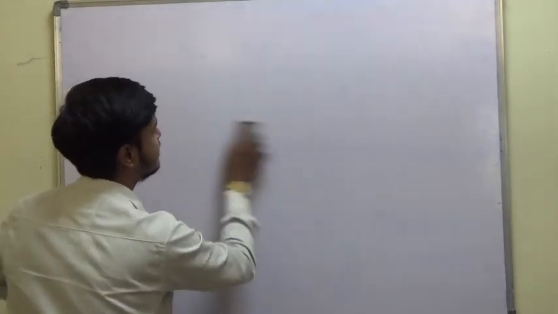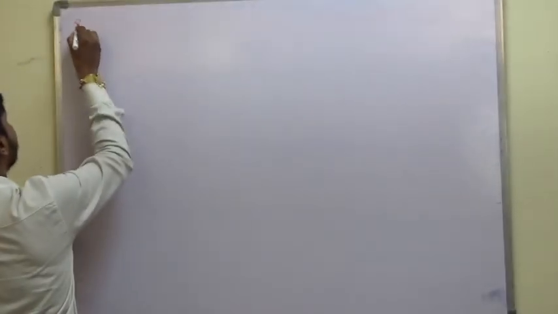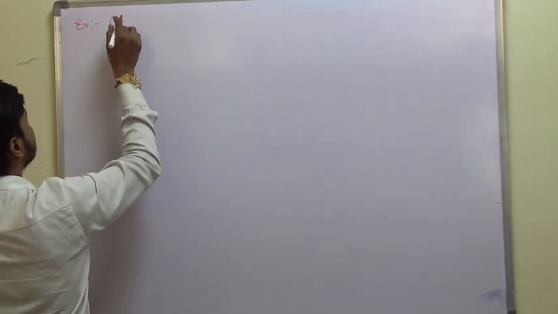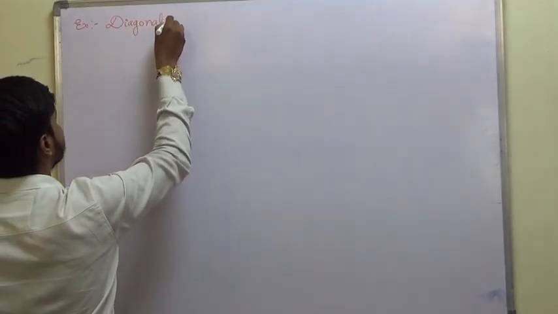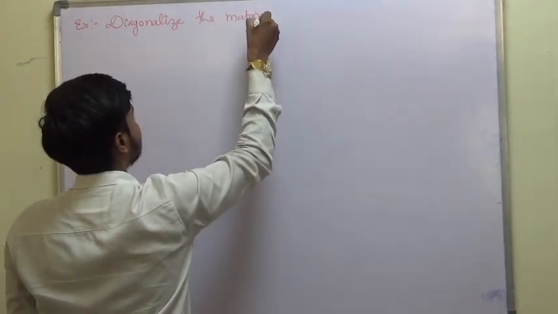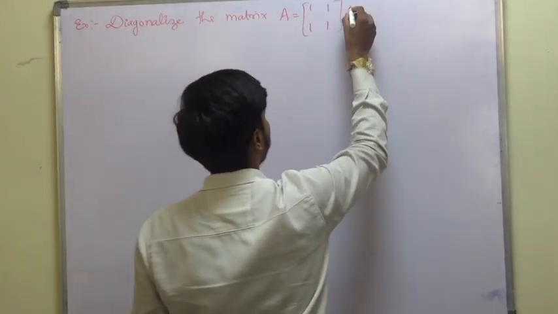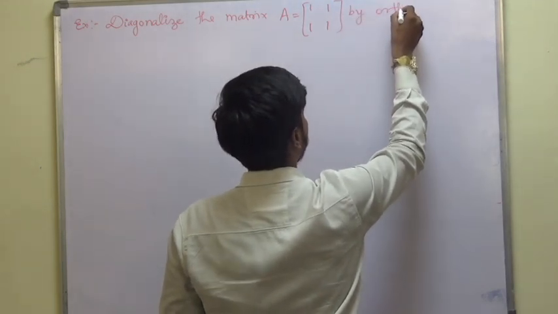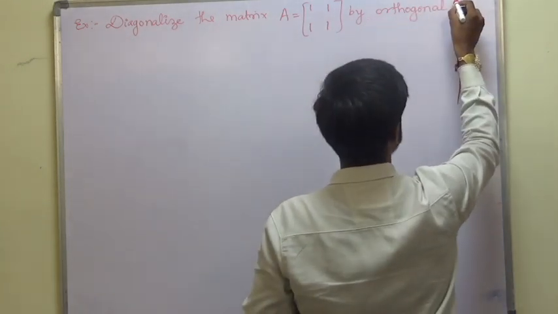A simple problem I will be taking to make the understanding clearer. The example is: diagonalize the matrix A equal to [1 1; 1 1] by orthogonal transformation.